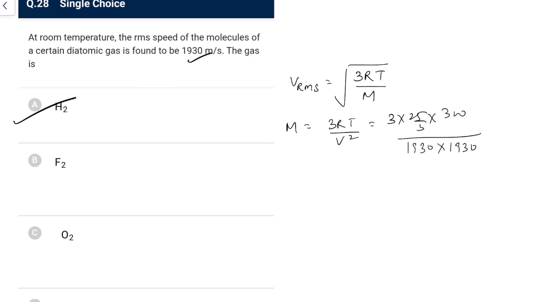So what we will be left with, 25 into 3, that is 75, that 2 zeros cancelled, 193 into 193, that is kg per mole. So for grams I can write it like 1000. So 75,000 over 193 into 193, that we are left with. So if you do this, approximately it comes out as something closer to a figure of 4.